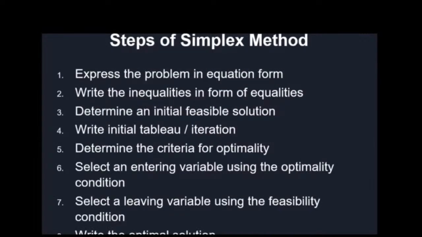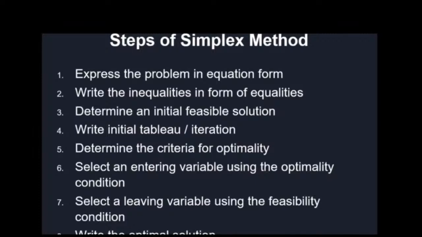Now there are 8 steps involved in the simplex method. The first one, express the problem in equation form. Second one, write the inequalities in the form of equalities. Third one, determine an initial feasible solution. Fourth, write the initial table.